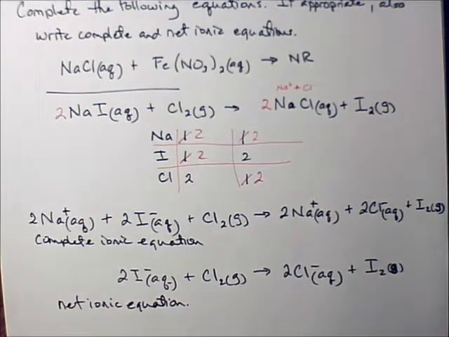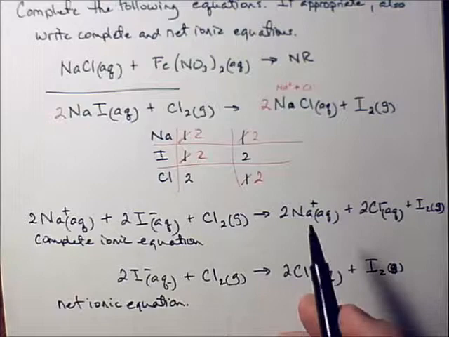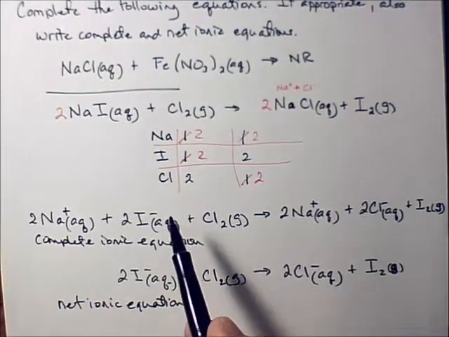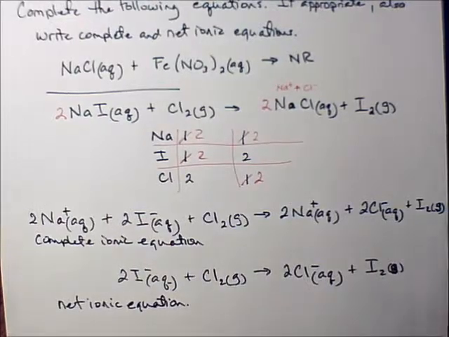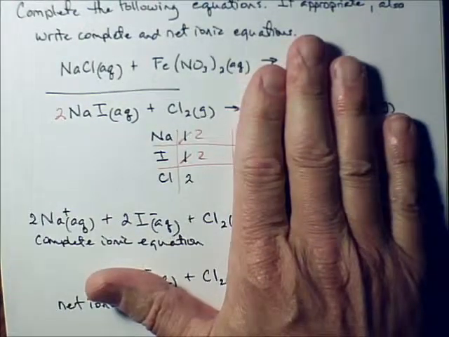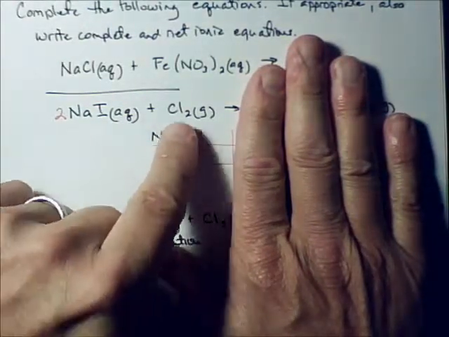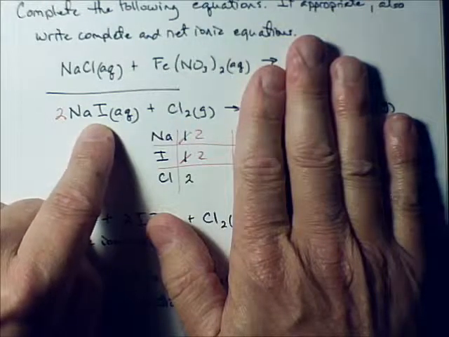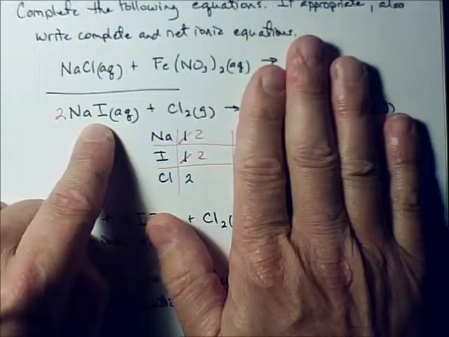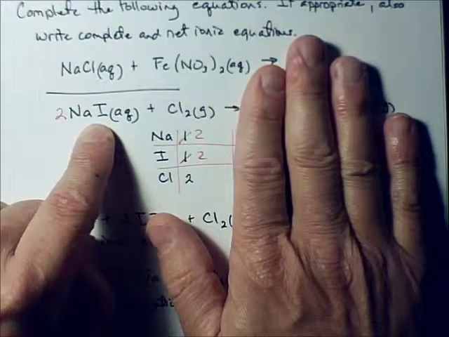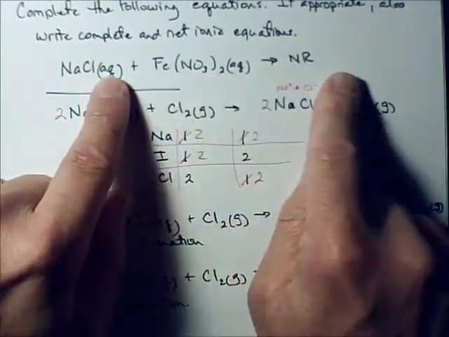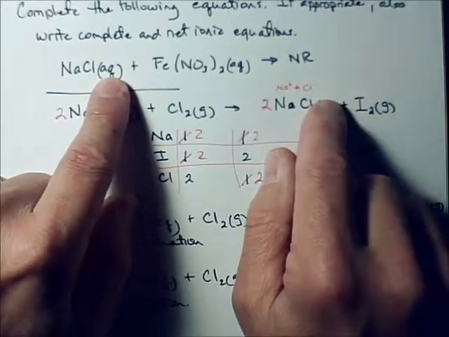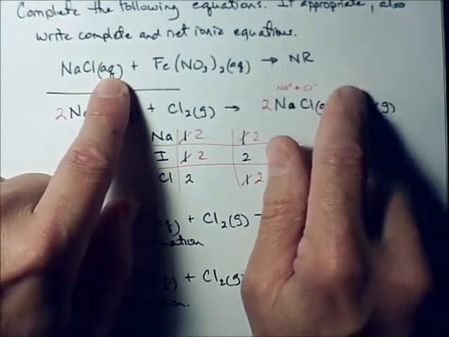All right? Now it's important to remember that you can figure out if you have a driving force for a single replacement reaction before you ever write the products. Because if the element by itself is more active than the element it is like in the compound, you will have a driving force. For double replacement reactions, you've got to figure out what the products are going to be before you can figure out whether you have a driving force.